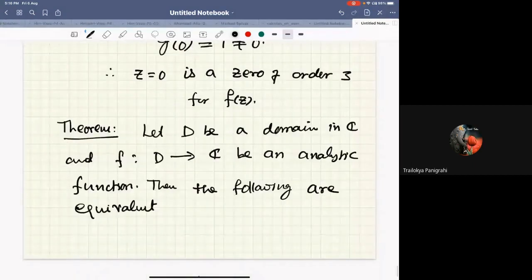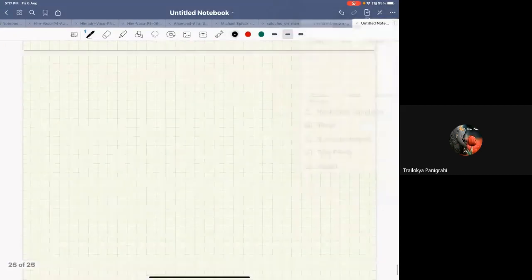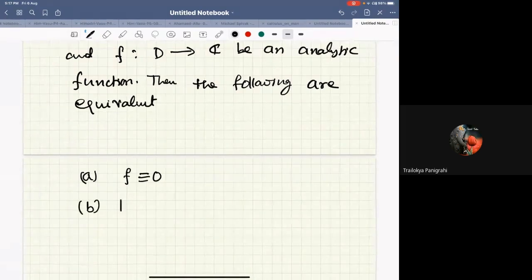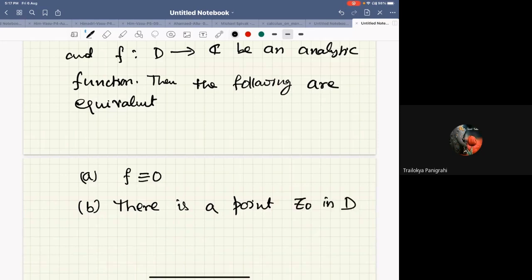The first condition, A: f is identically equal to 0. B: there is a point, say z naught in D, such that the nth derivative of f at z naught is 0 for all n greater than or equal to 0.